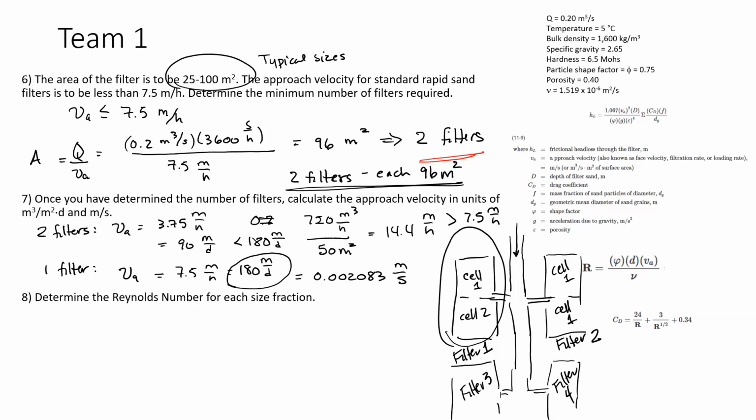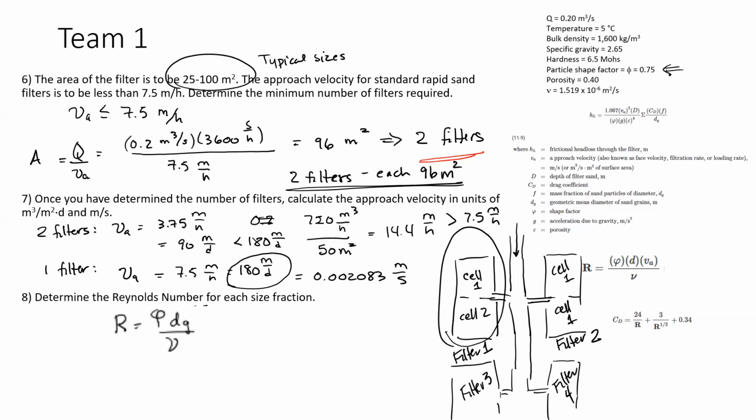Okay. The next set of calculations we're doing are to determine the Reynolds number for each size fraction. And that is equal to the particle shape factor, which would be 1 for a sphere. So if all of our particles were spherical, the particle shape factor would be 1.